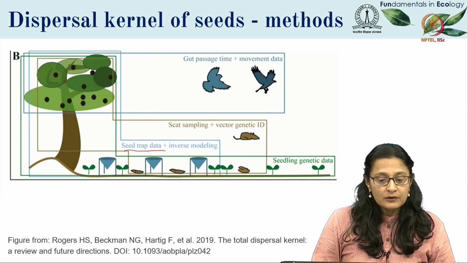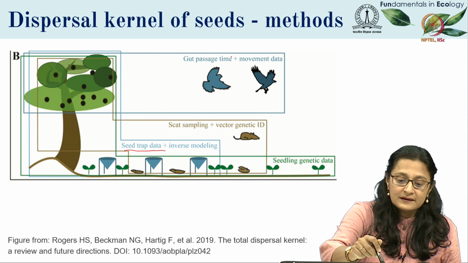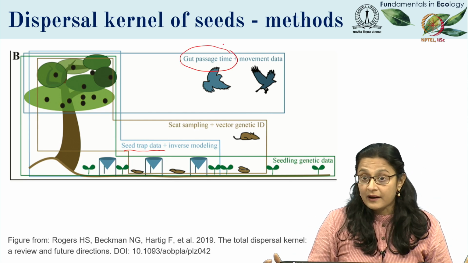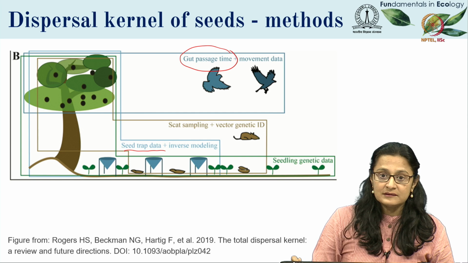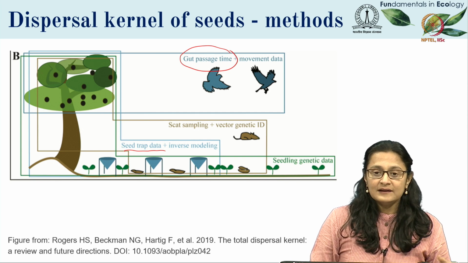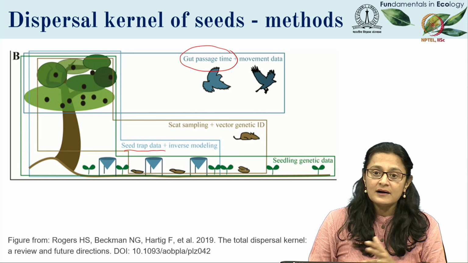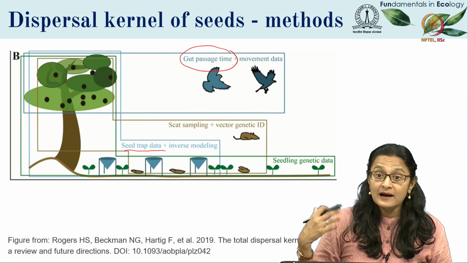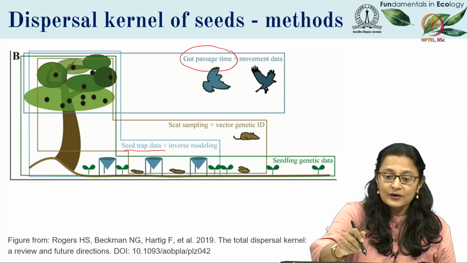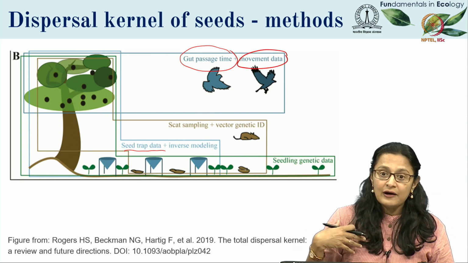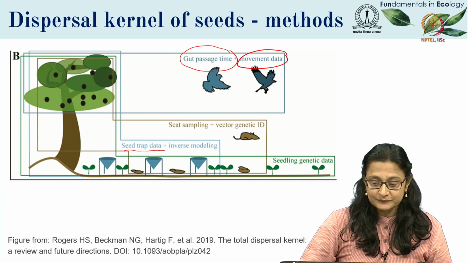You can also understand the gut passage time of birds or mammals that are carrying these seeds and incorporate that information into understanding how far an edible seed travels. You can combine the gut passage time information with movement data to know how far a seed can travel.